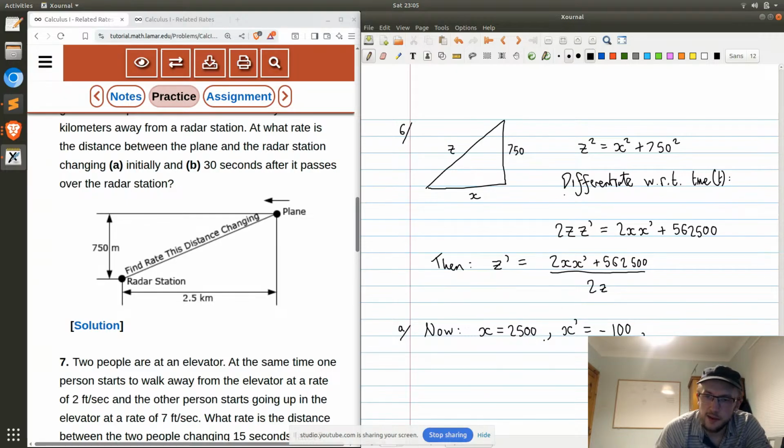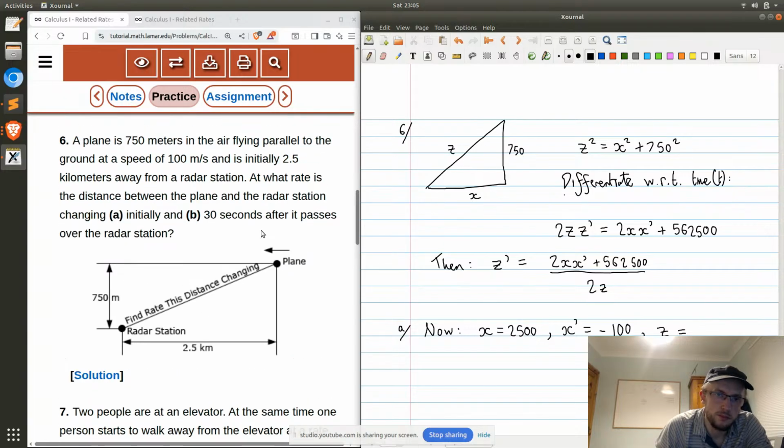So we know that x is equal to this, x prime is equal to this, and z is equal to what? Well, it's equal to that, isn't it? Square root of 2,500 squared plus 750 squared, whatever that happens to be.